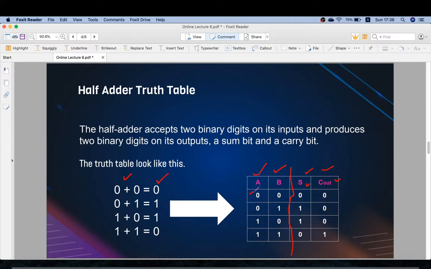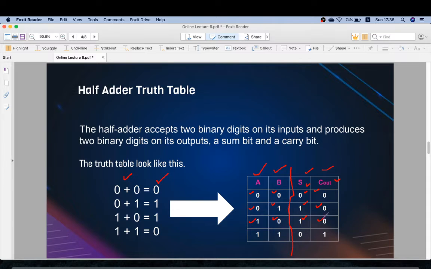If the input is 0 0, the output will be 0, and carry is also 0 because there is no remaining variable. If the input is 0 and 1, the output will be 1 and carry will be 0. If the input is 1 0, the output is 1 and carry is 0.